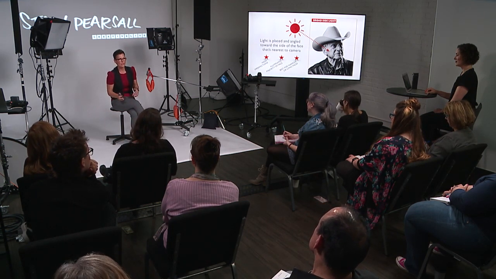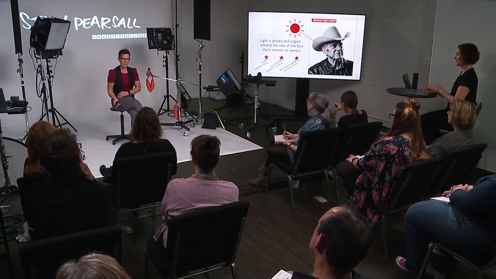I want you to take into account all that we talked about yesterday with personalities, and remember that it's not about us, it's about them. We may think that this light's going to look really beautiful, but is it the right light for that individual? Does it best amplify the personalities that we see before us?